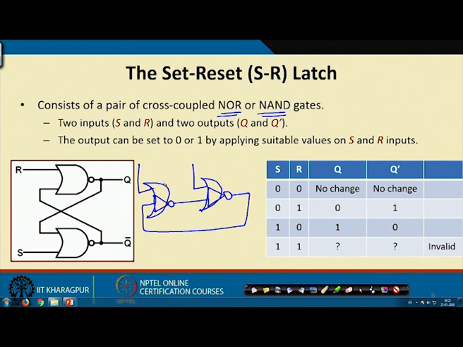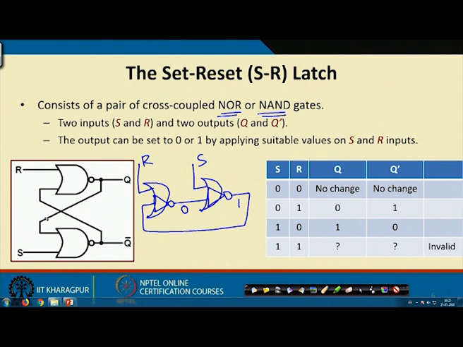One of them I call S, another one I call R. Now, the purpose of R and S is to forcibly set these lines to 0 or 1, whatever you want, from outside, which for a simple NOT gate chain was not possible, because there was no external input.